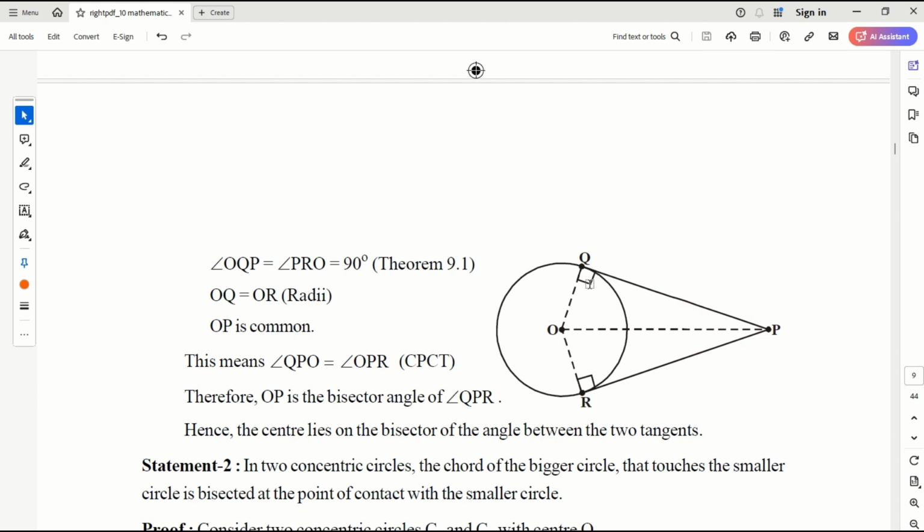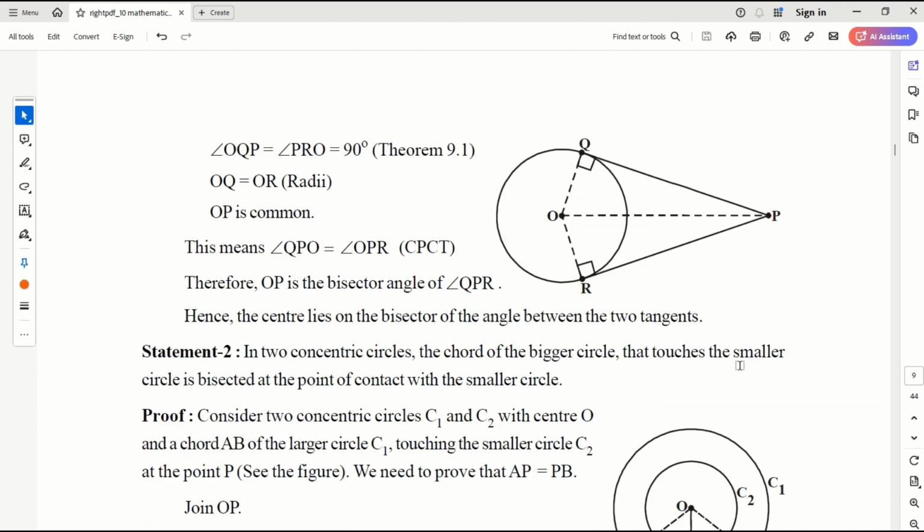So side, angle, side, these two triangles are congruent. These two triangles being congruent means these two angles here are equal, which means OP divides the angle at P, whatever the total angle formed, because these two are equal angles.